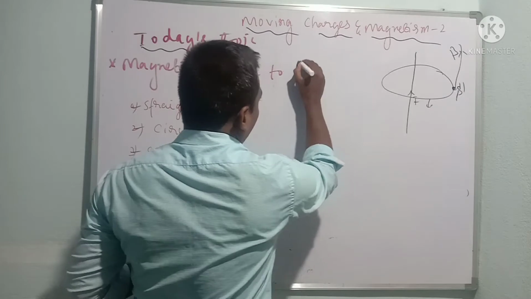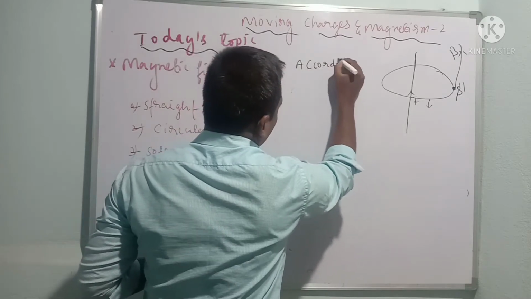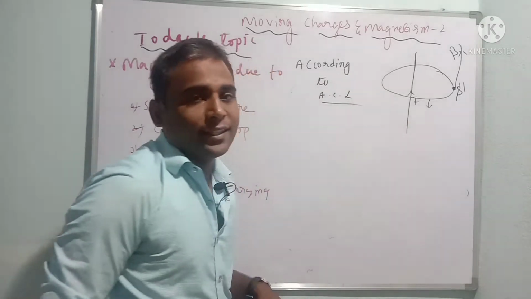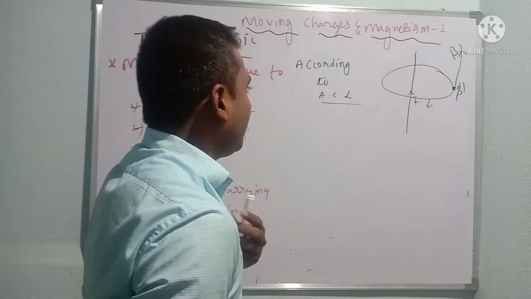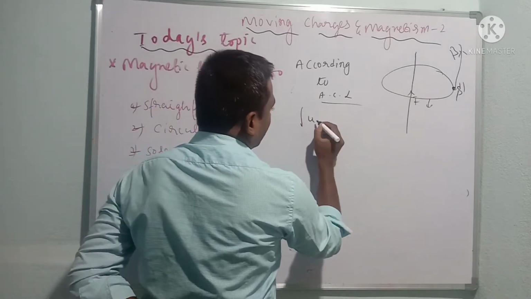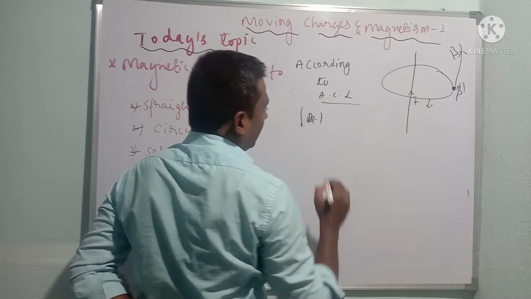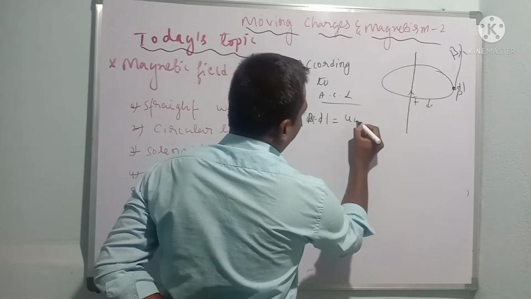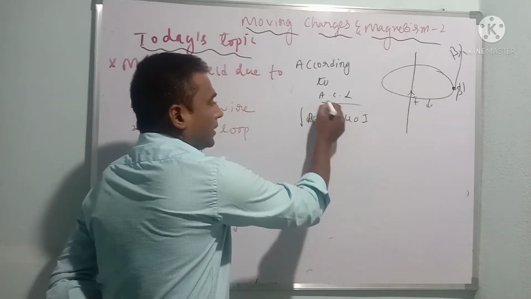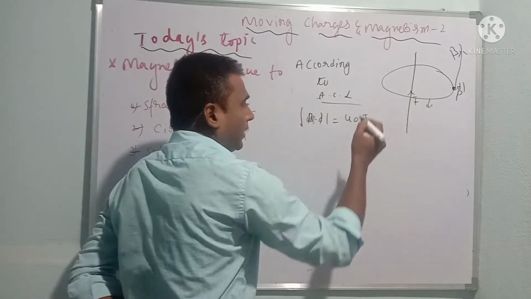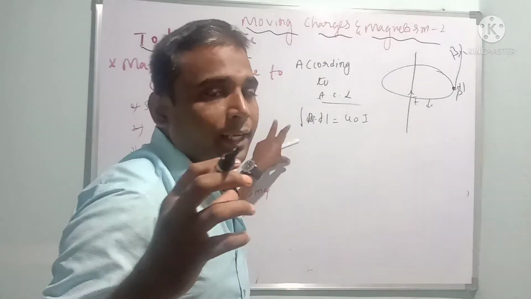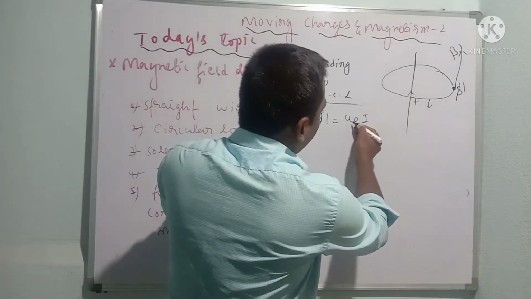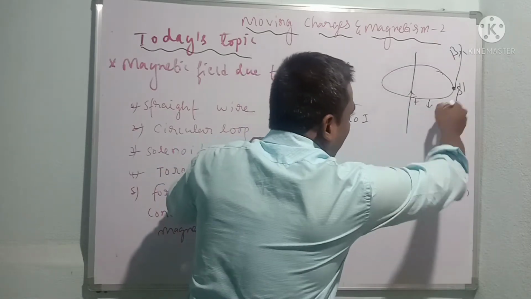Now we know that according to Ampere's Circuital Law, ACL, we can write the line integral of the magnetic field, integral of B dot dl, is equal to mu naught times I. The magnetic field is directly proportional to I, meaning the line integral of the magnetic field in a closed circuit is equal to mu naught times the current enclosed by the surface.